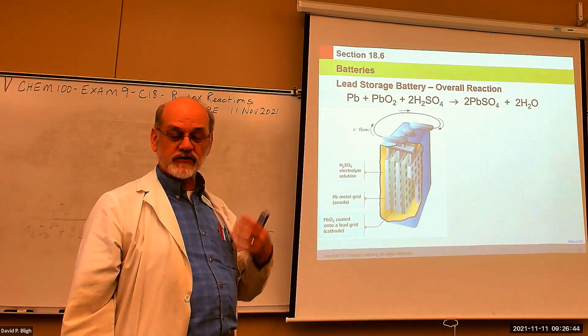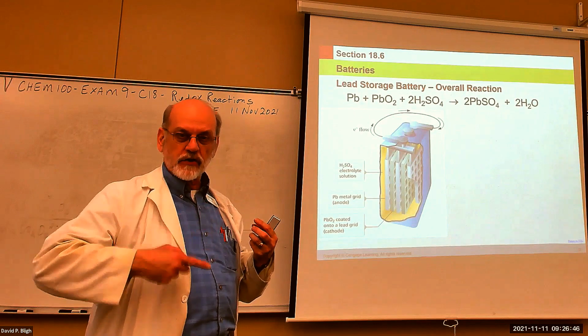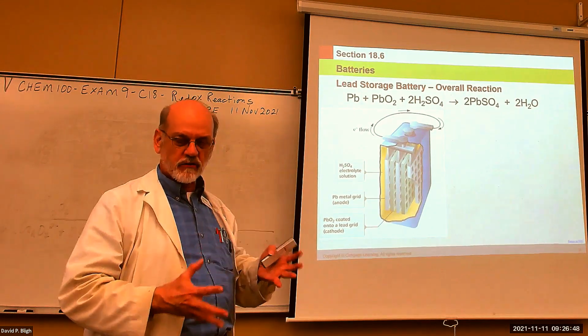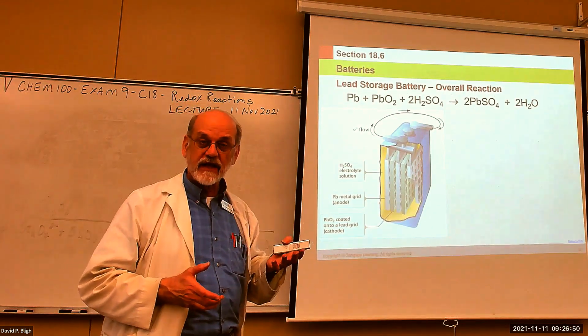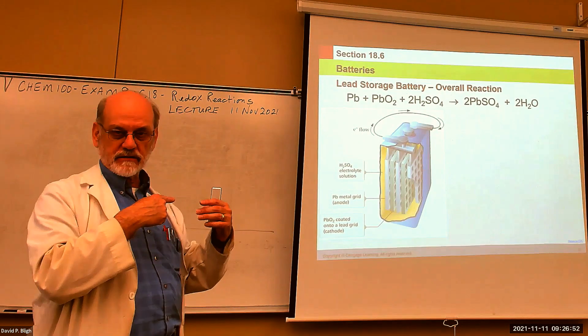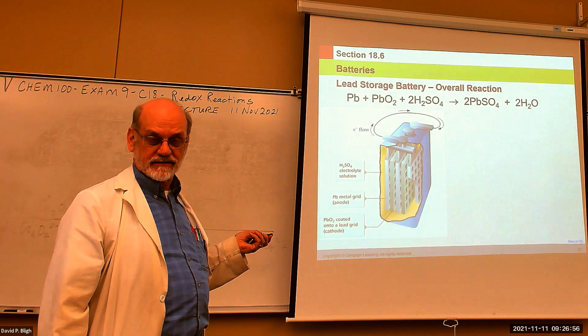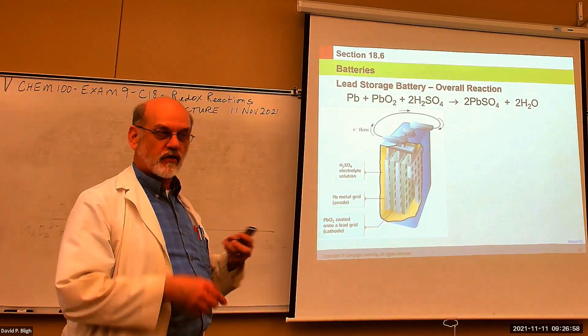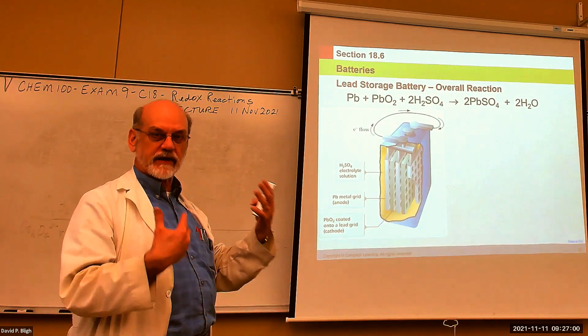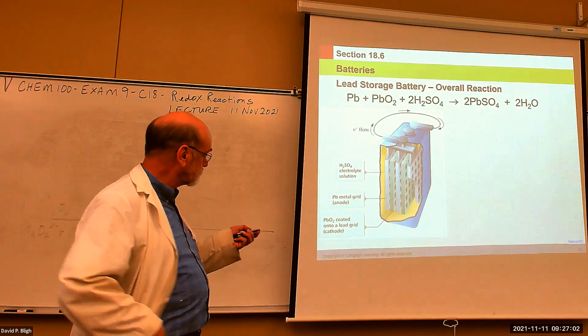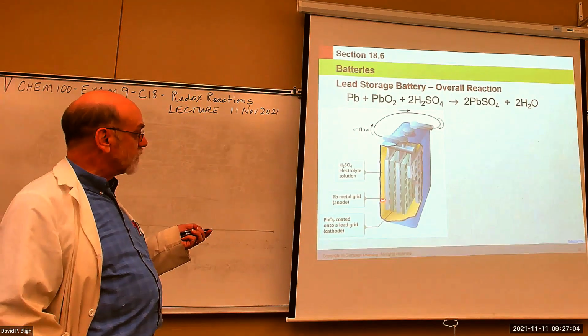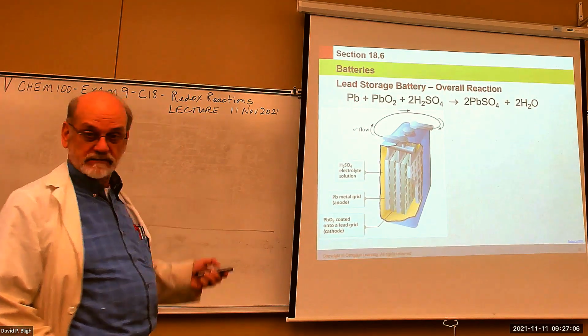It produces an external current that turns your starter motor and gets the engine running. And once the engine's running, then it runs the current backwards and turns this into an electrolytic cell. It reverses the reaction. It's called recharging. We've recharged the battery that way. And we drive the reaction backwards.